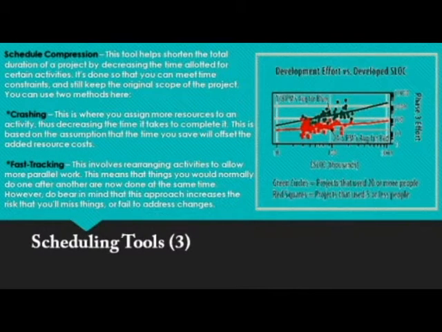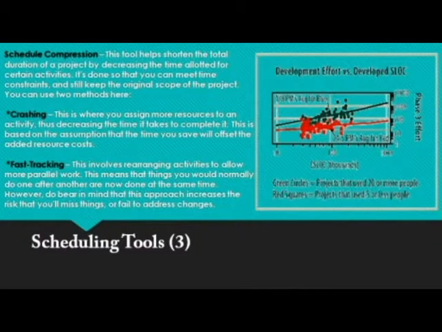Second method under schedule compression is the fast tracking. This involves rearranging activities to allow more parallel work. This means that things you would normally do one after another are now done at the same time. So it's kind of like multitasking.